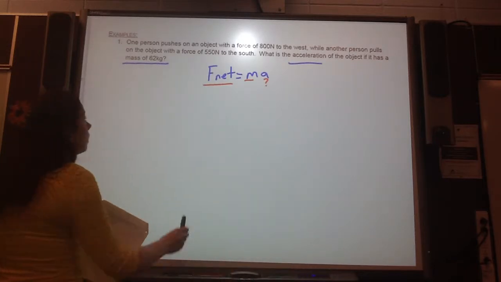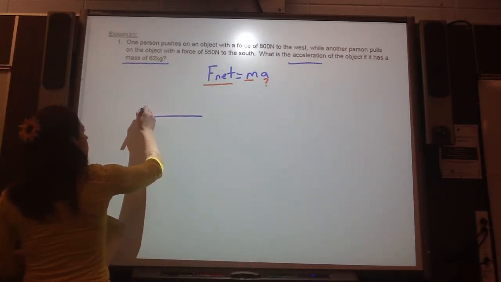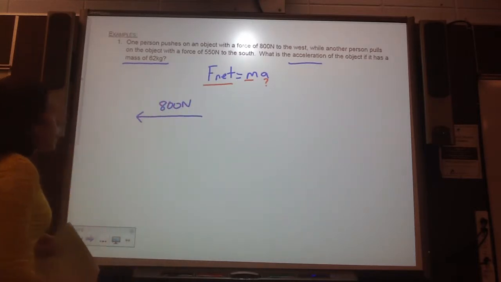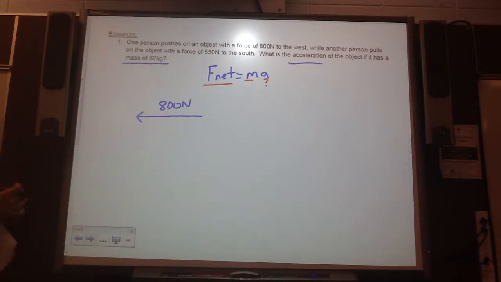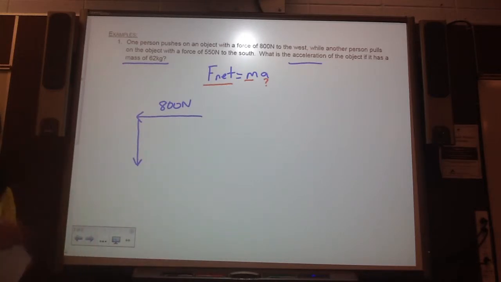So here, my 800 newtons to the west, while another person is pushing with 550 newtons to the south. So I'm going to draw these arrows together now because I know neither of them are at an angle, so I can just make my triangle right away.